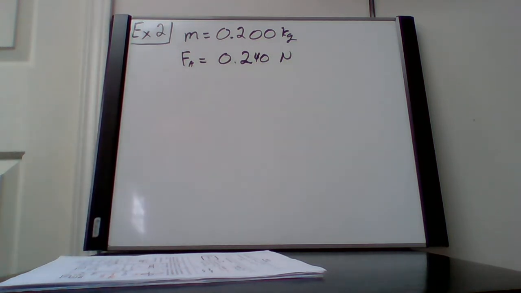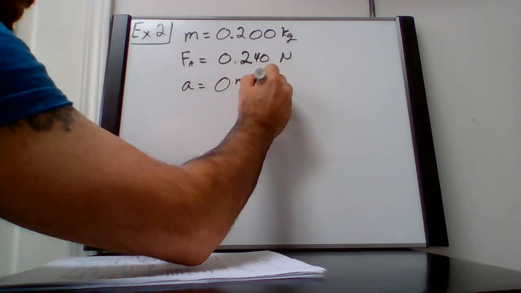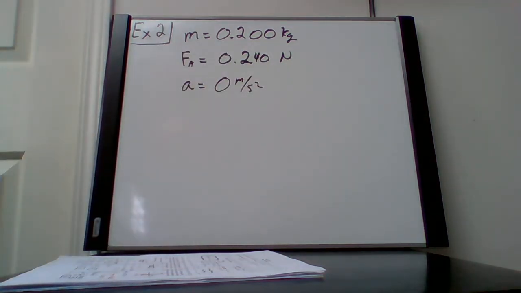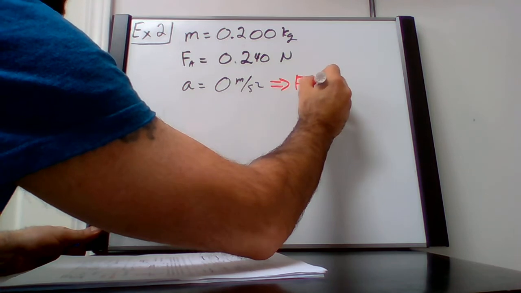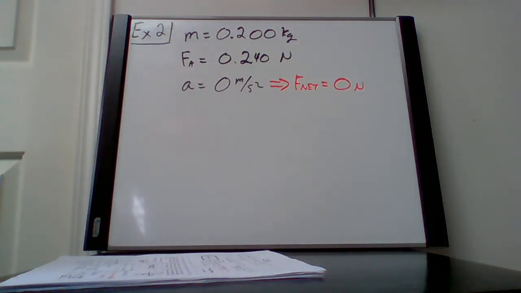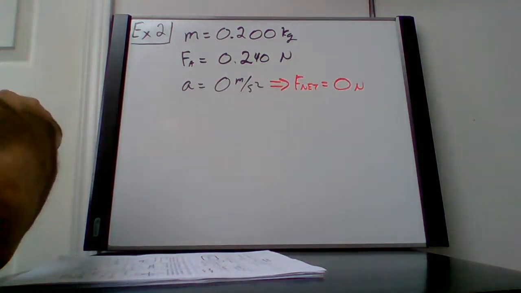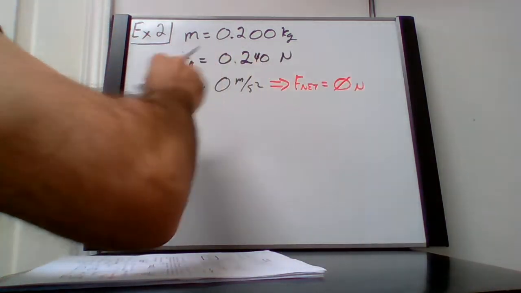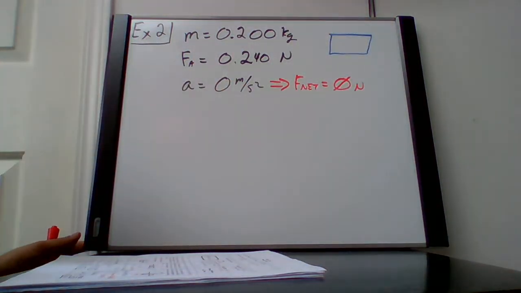Now there's another part on here. Constant velocity. Constant velocity tells us we have no acceleration. If we have no acceleration, that means F net is also 0. Let's draw our free body diagram. We have our puck.